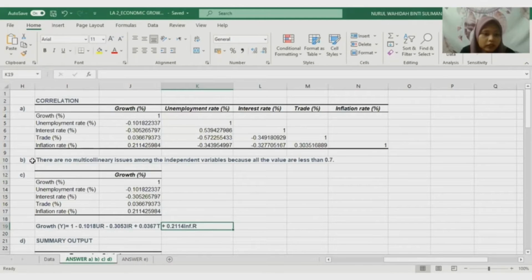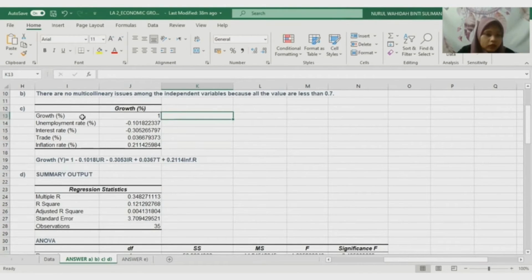As we can see for question B, there are no multicollinearity issues among the independent variables, because from the correlation values there is no value more than 0.7. So multicollinearity is not an issue among the independent variables.